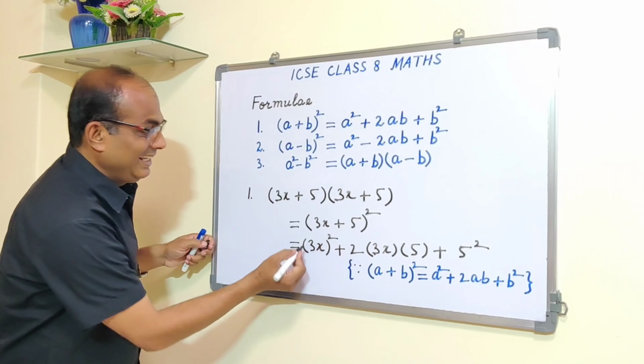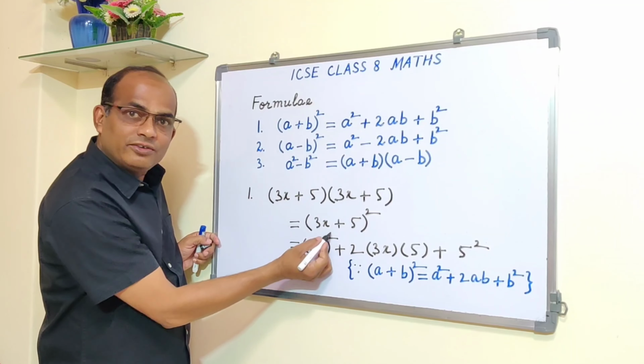Alright. Now 3x whole square is 3 square and x square also.